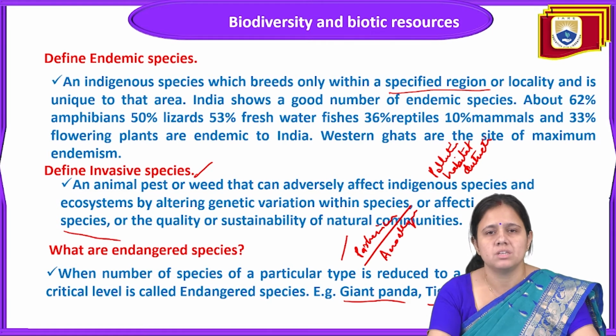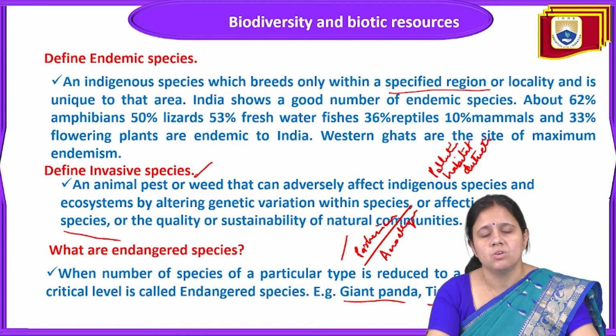The same happened with the tiger. The Indian tiger number was reduced to almost 1400. That's why the government made many plans and projects, called Project Tiger, to save the Indian tigers, and now their number has increased to more than 3000.